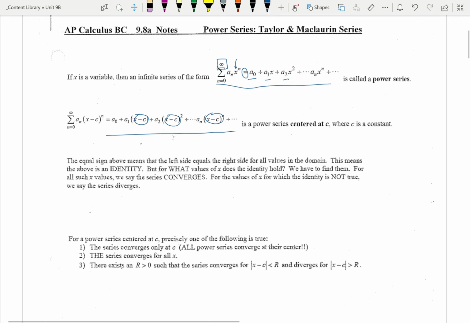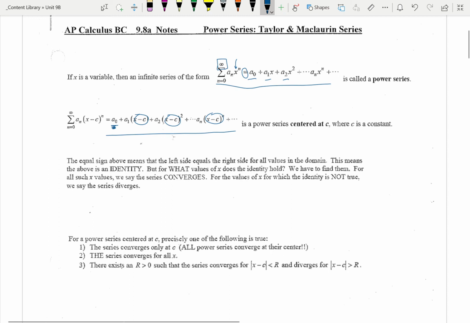That first term, a sub 0, is the value that the series converges to at c. So every single power series has that property. So we are guaranteed at least one point of convergence. Sometimes that's the only point of convergence, but guaranteed at least that one point.